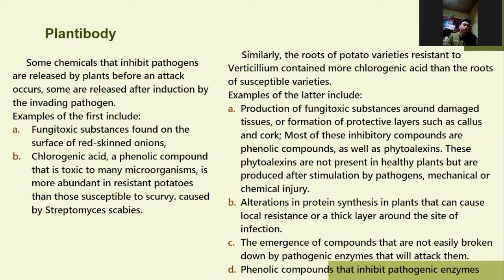These phytoalexins are not present in healthy plants, but are produced after stimulation by pathogens, mechanical or chemical injury, alteration in protein synthesis in plants that can cause local resistance or a thick layer around the site of infection, the emergence of compounds that are not easily broken down by pathogenic enzymes that will attack them, and phenolic compounds that inhibit pathogen enzymes.